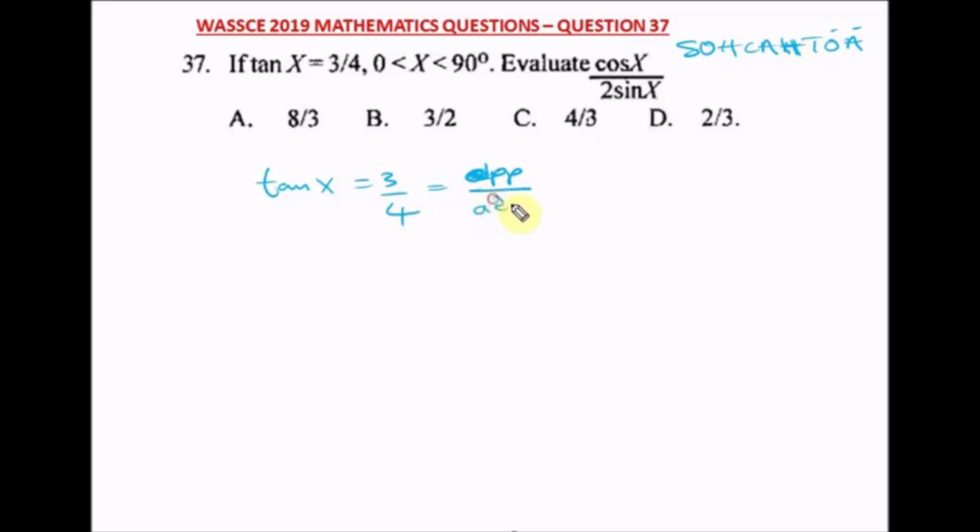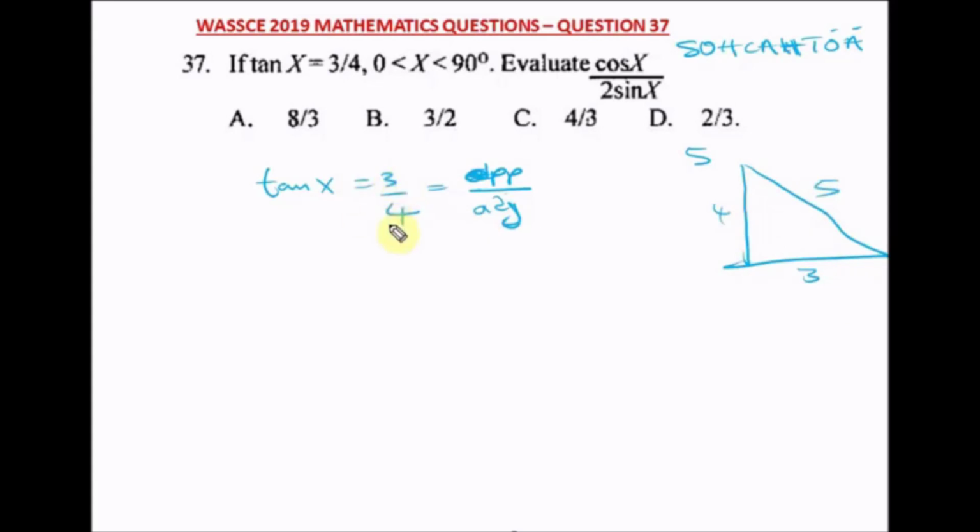Remember when you have a right angle triangle like this, you have 3 and 4, you should know that the hypotenuse is 5. Always when you have 3, 4, you know Pythagoras, considering a right angle triangle, this is 4, this is 3, this place will be 5, where the addition of the squares of these would give us the hypotenuse.